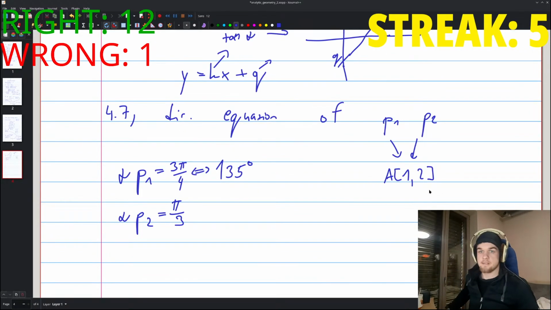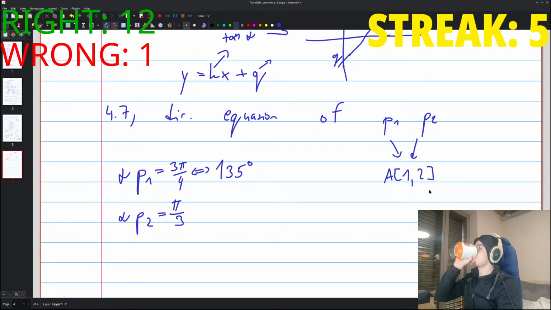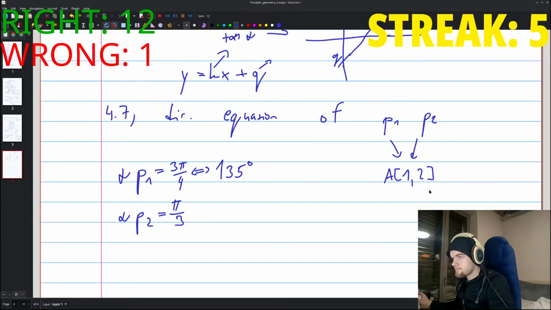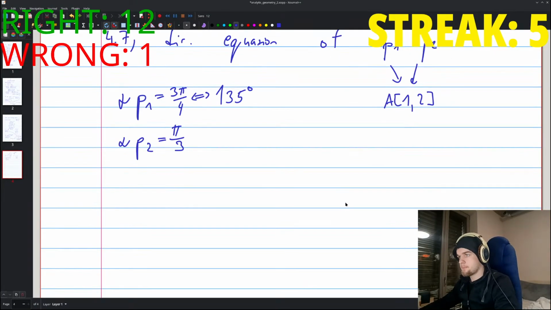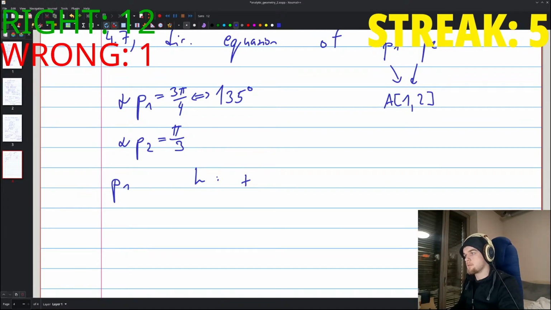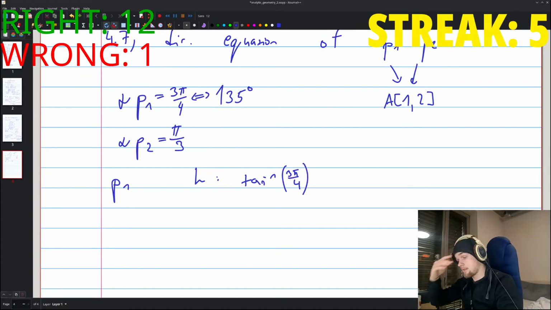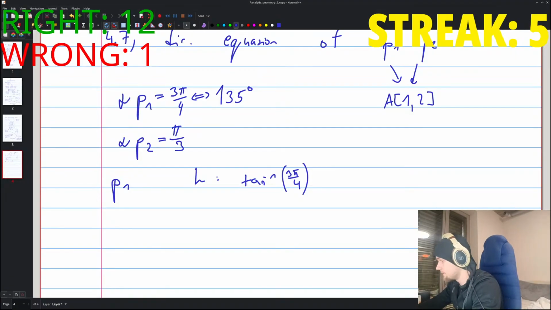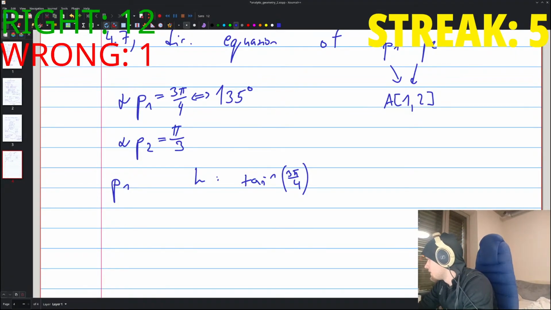Okay, I understand it now. So first of all, let's solve for P1, where I need to find the k coefficient, which is going to be the tangent of 3 pi over 4, which I don't know by heart because obviously it's not in the table. I have been rehearsing all this time.